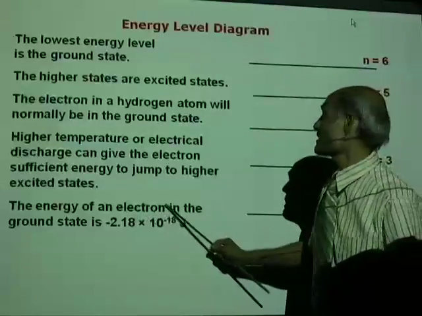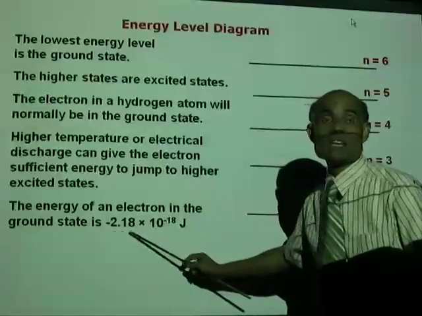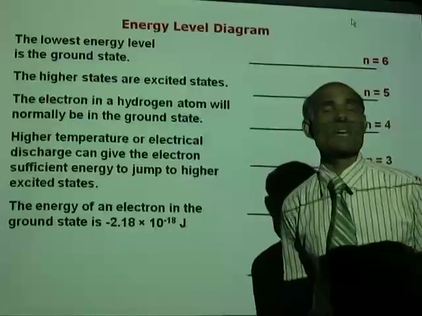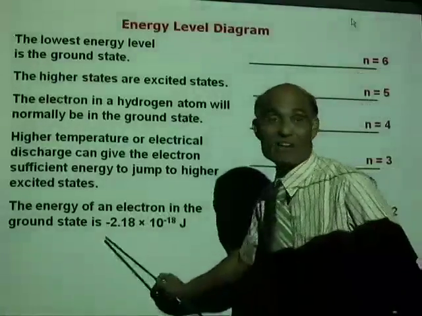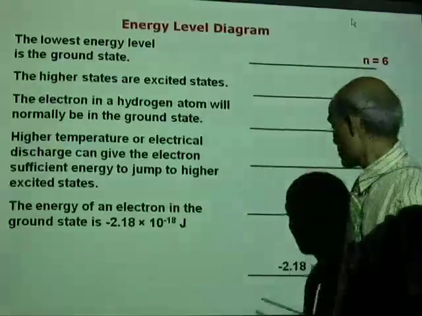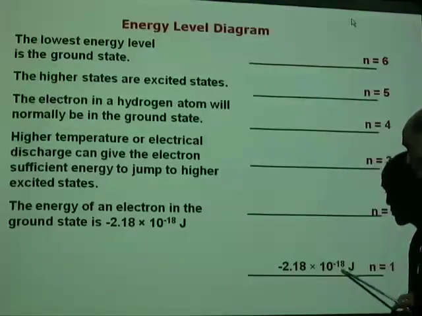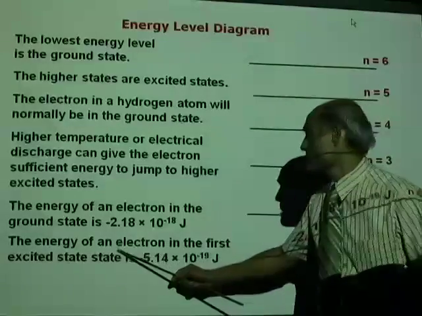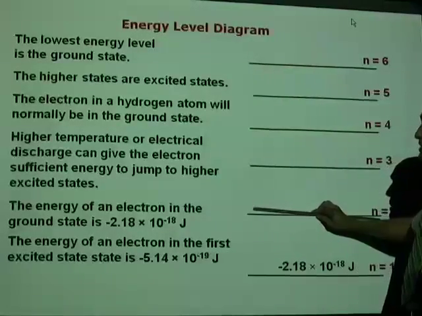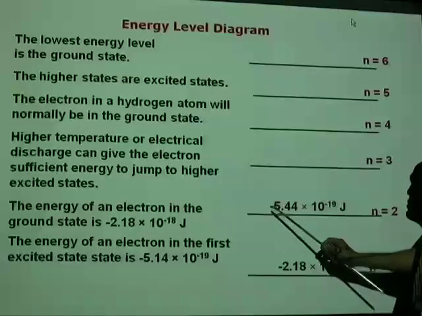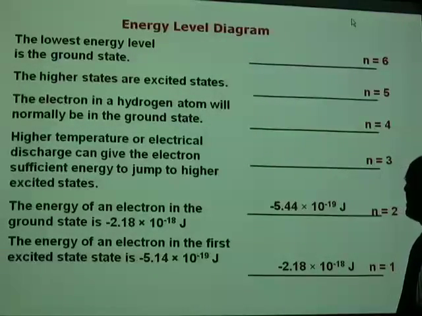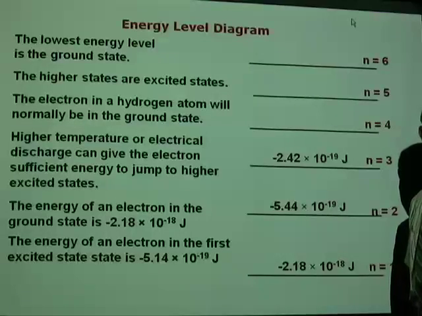The energy of an electron in the ground state is negative 2.18 times 10 to the negative 18 joules. We actually calculated that earlier. So if the electron is on the ground state, that will be its energy value. And the energy of an electron in the first excited state is negative 5.44 times 10 to the negative 19 joules.